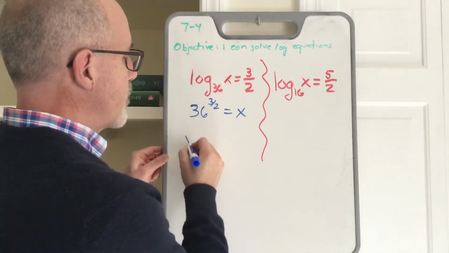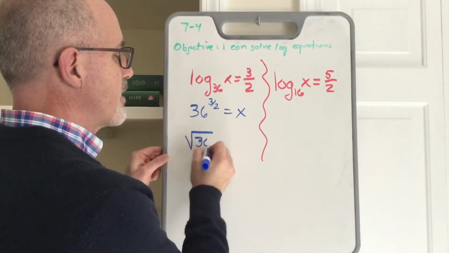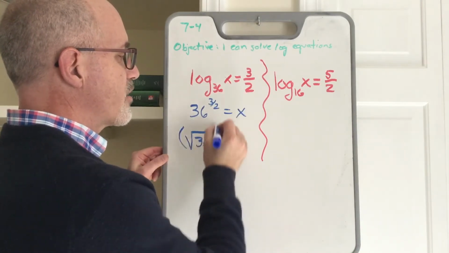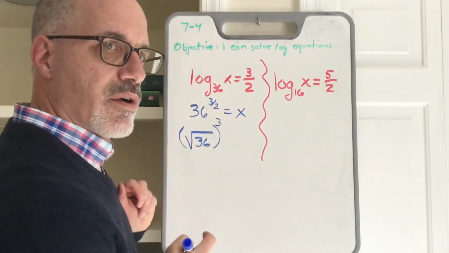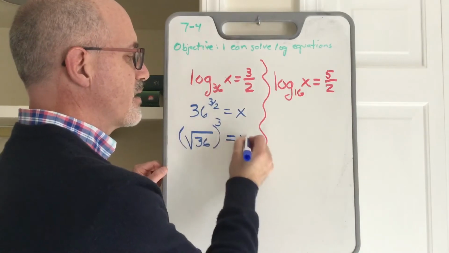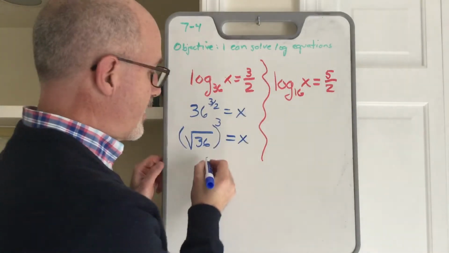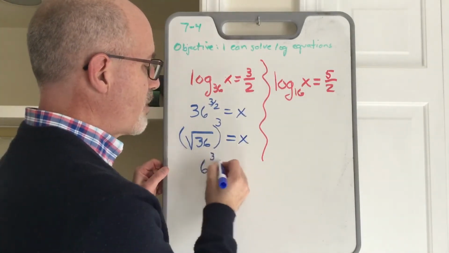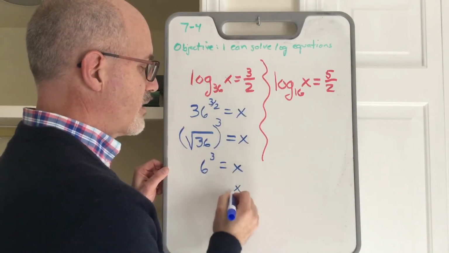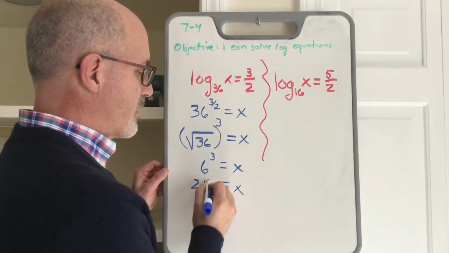I take the square root of 36 and put it to the 3rd power because that's the numerator. Square root of 36 is 6, and 6 to the 3rd power equals x, so x equals 216.